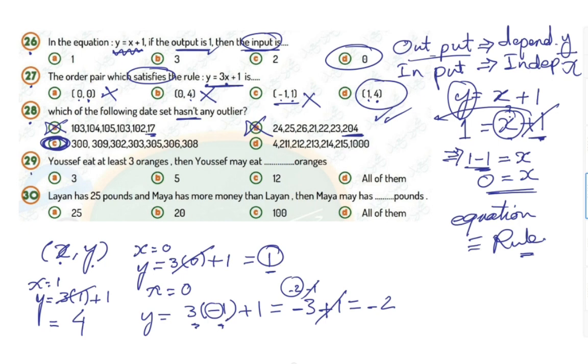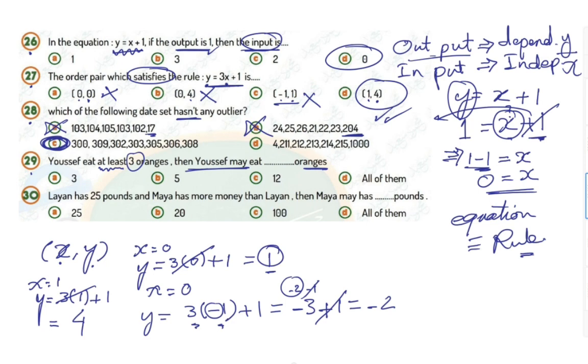29. Yusuf eats at least 3 oranges. We said before that when you see at least, this number is okay and more than this number. So Yusuf may eat what number of oranges?